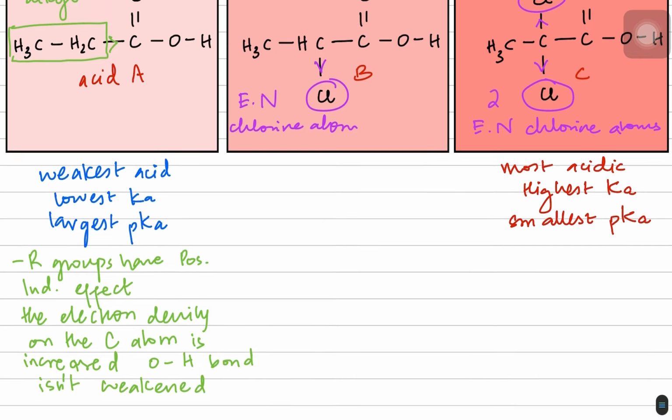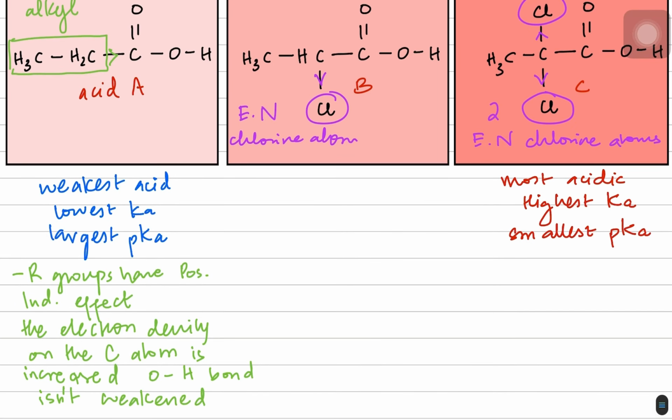Because the carboxylic functional group receives a lot of electrons from the alkyl group, the OH bond is not weakened, it doesn't break. But when electronegative chlorine atoms are present in the acid, they show negative inductive effect.